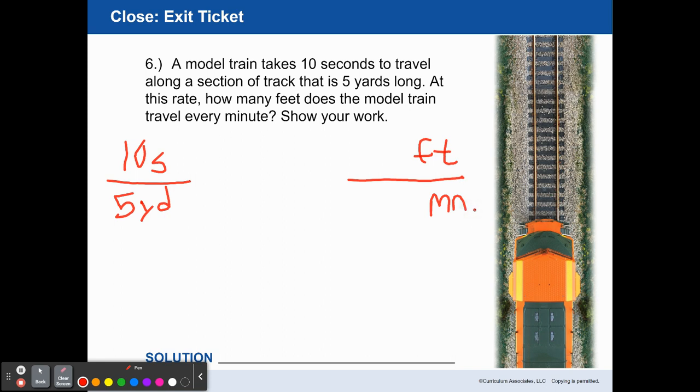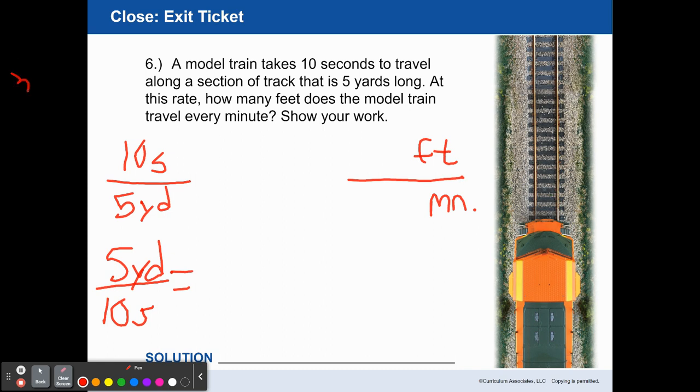You can convert first or not convert first. But I will tell you the original way I wrote this, I would want to flip it around. I would want 5 yards for every 10 seconds. And then I would want to figure out how many feet are in a yard, and then how many seconds are in a minute.